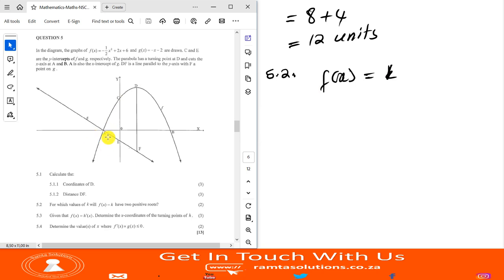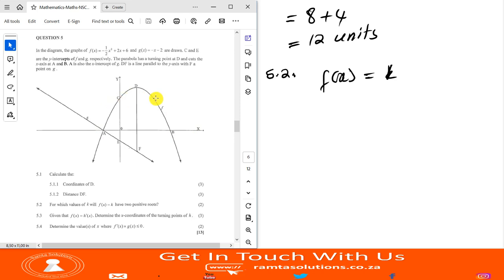Agree with me that as we move, let's say, below the x-axis, one root is positive, another is negative. Meaning if you draw a straight line, wherever the straight line touches these graphs, one x value is negative, the other is positive. Now again, even on the line on the x-axis. Now I want you to move above the x-axis until point C. We still have the same thing. One is positive, one is negative. At point C, one is 0, one is positive.